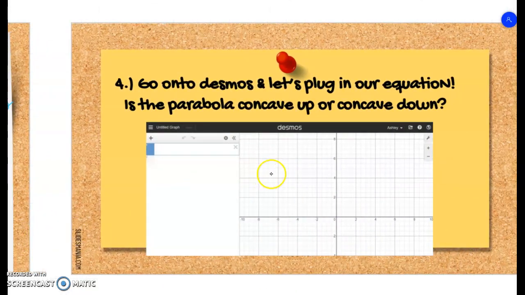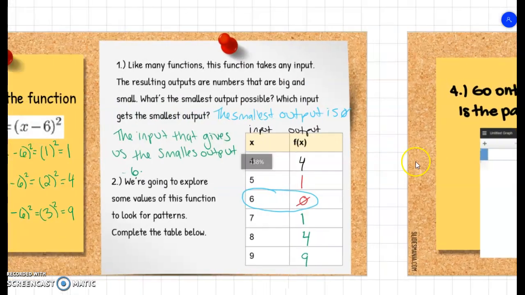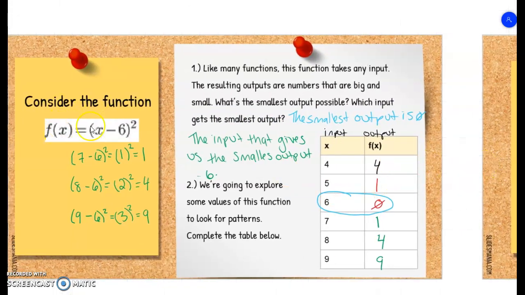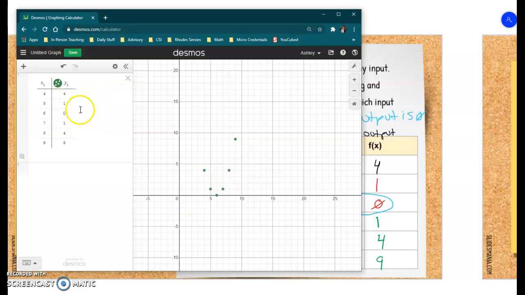Now I want you to open up Desmos.com, and we're going to plug in the equation from here, f of x equals (x minus 6) into our Desmos.